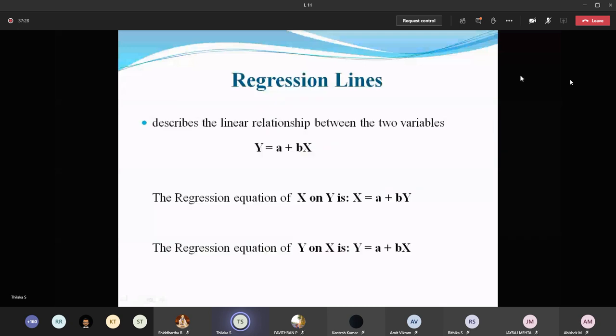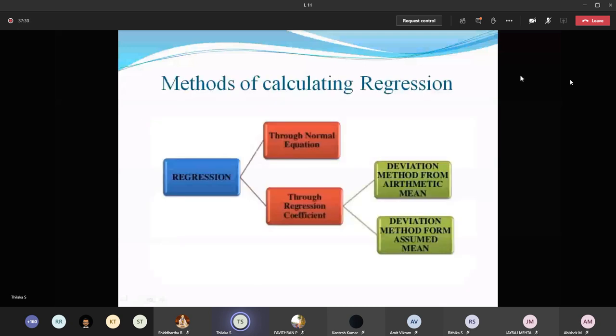If you are following the normal equation, then the equation will be different from the regression coefficient equation. Likewise, in correlation too, we have several methods. One of the formulas used to calculate the correlation is small r is equal to root of sigma xy divided by sigma x squared into sigma y squared.